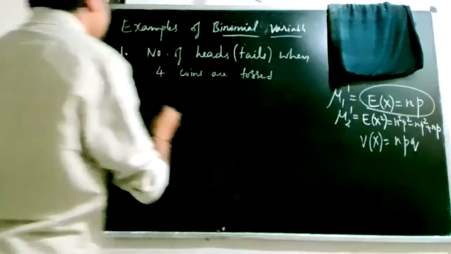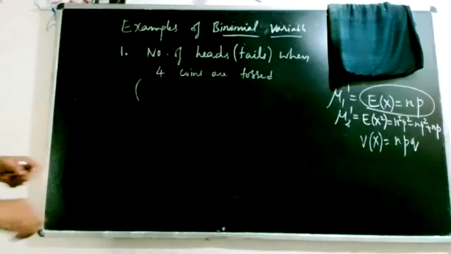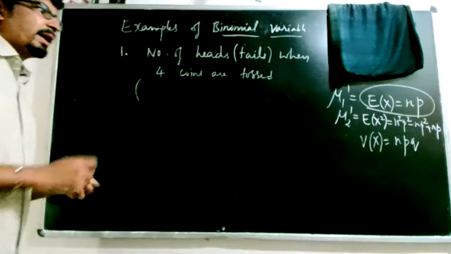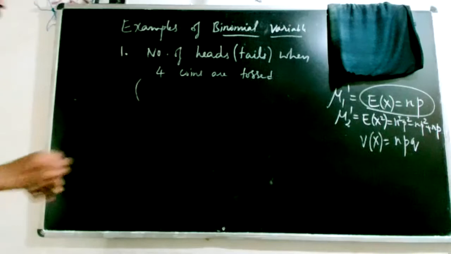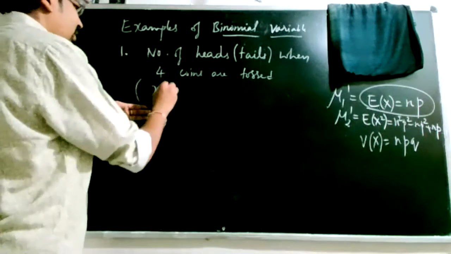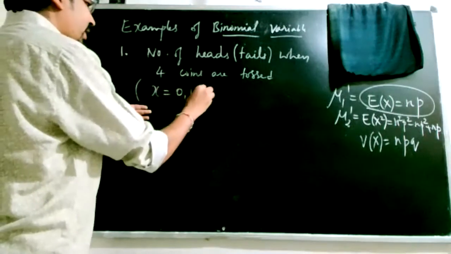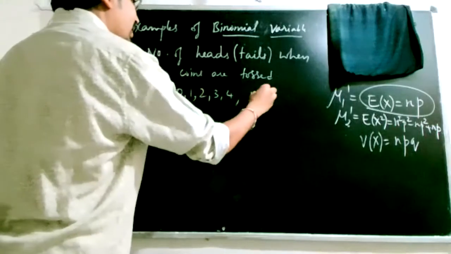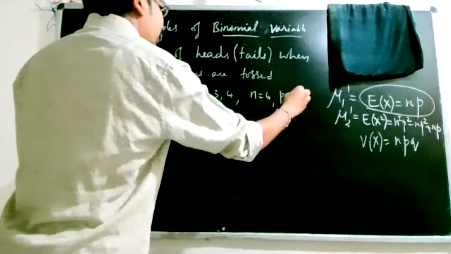So if you assume that you have fair coins, in that case, the value of p, probability of getting head, will be same as probability of getting tail. So p becomes 0.5. So my x is taking values 0 to 4. So n is equal to 4, p is equal to half.